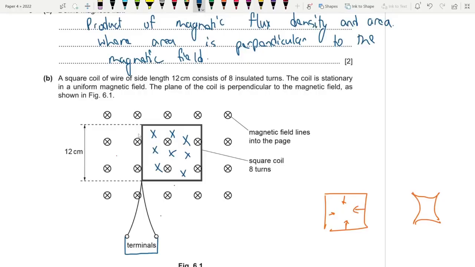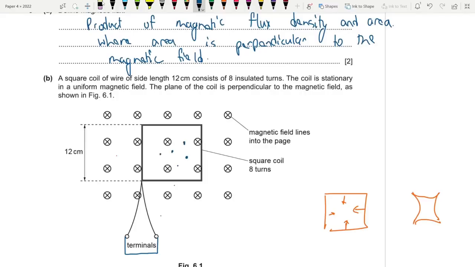It has to point outside the plane, or else it won't oppose the change that created it. If you create a field that also points inwards, that would be weird because it doesn't follow the law of conservation of energy. It would be producing more energy. So our field has to be induced in such a way that it opposes the original change. So the field produced by our coil should actually be outwards.